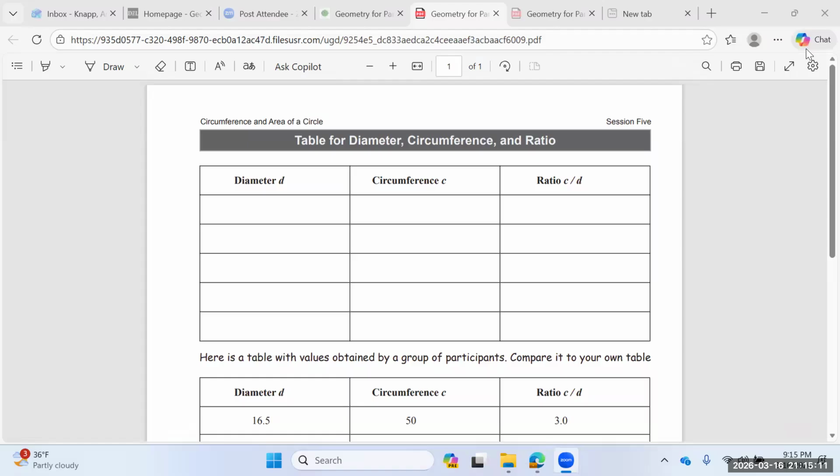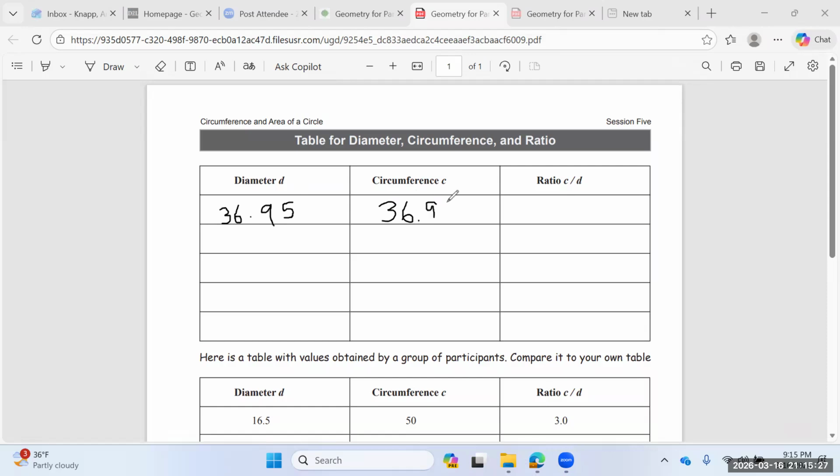So I could call it 36.95. Okay, so if we jot that down on our table, that would be the circumference, actually, the distance all the way around.